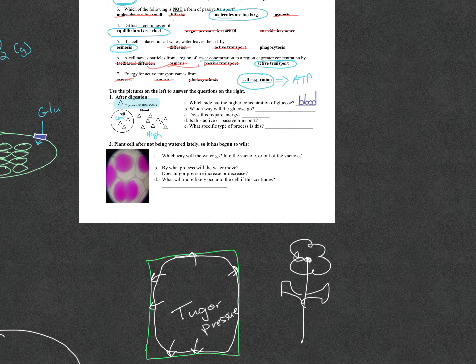Which way will the glucose go into the cell, if it can? Does this require energy? No, it's passive, it's high to low. Is this active or passive transport? It's passive. Specifically, it's a type of passive transport called facilitated diffusion.